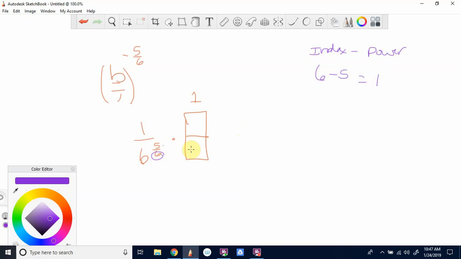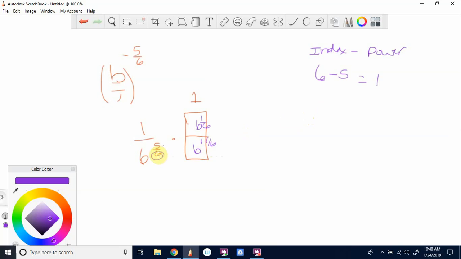So I'm going to multiply by b to the 1/6, sorry, 1/6, because I want this to equal 1 because we have fractions here.